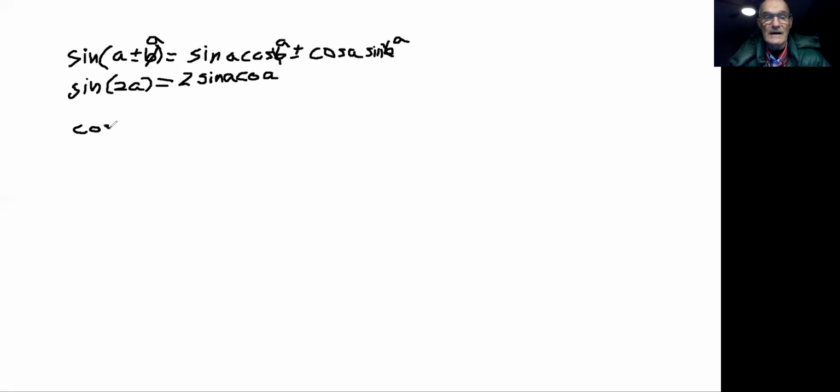So the cosine of alpha plus or minus beta, which is the start point, equals the cosine of alpha, cosine of A in this case, times the cosine of B, minus or plus, this one's opposite, the sine of A times the sine of B.